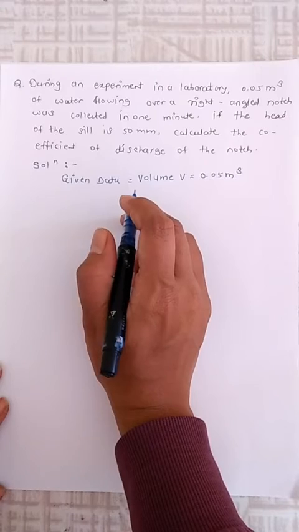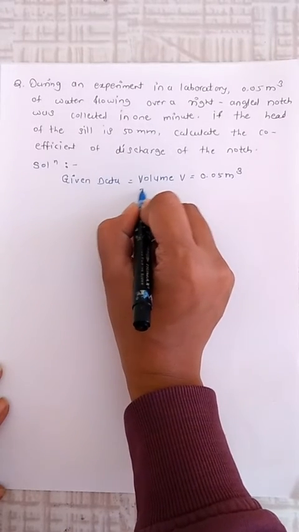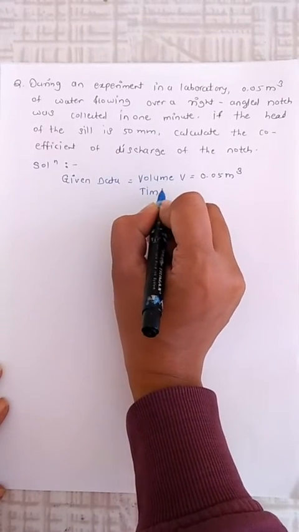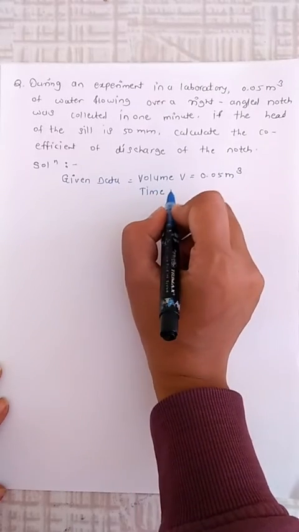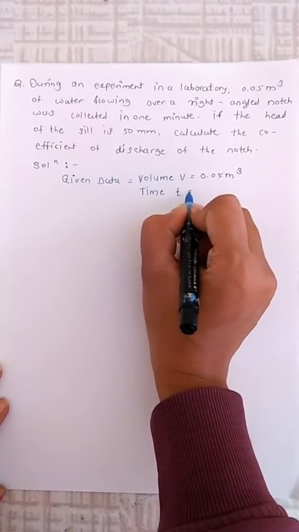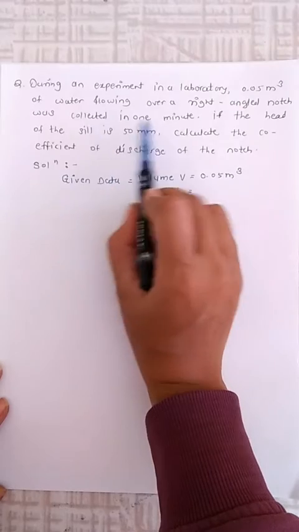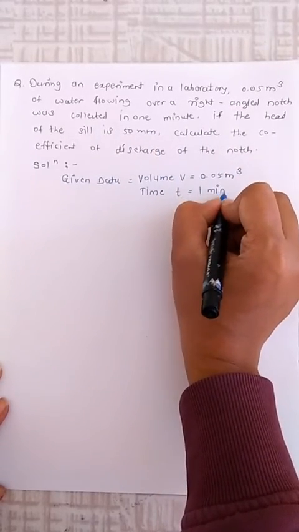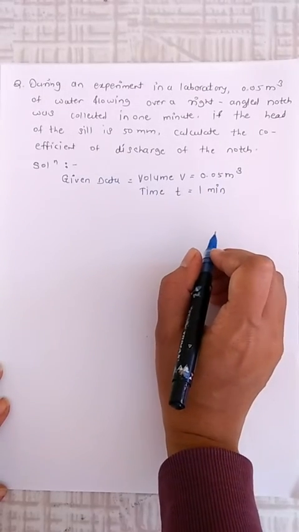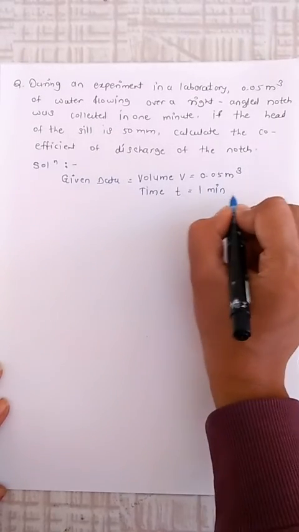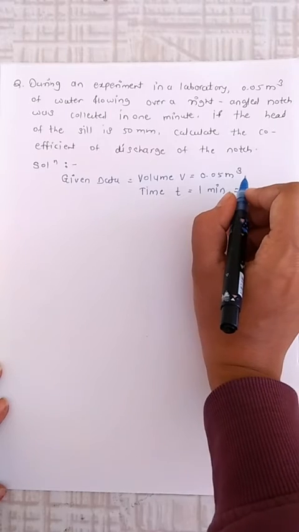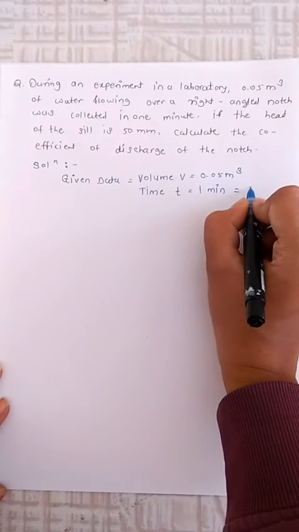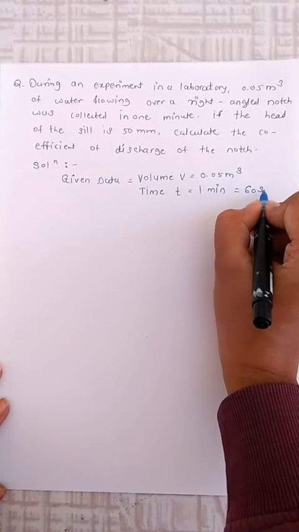Next, they have given the time. Time is denoted by small t, which is 1 minute. We convert this time into seconds, so 1 minute is nothing but 60 seconds.